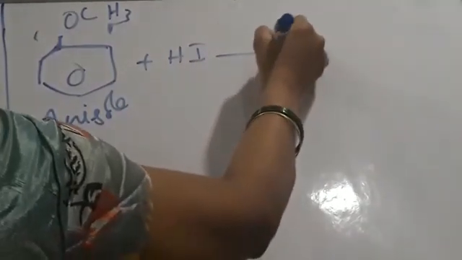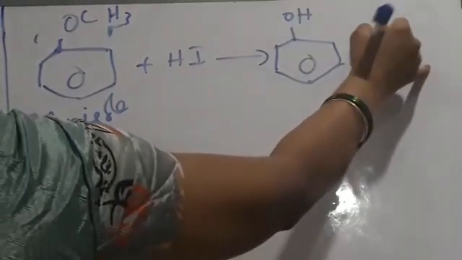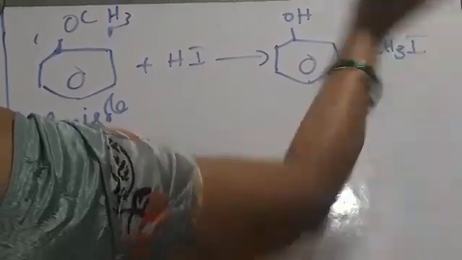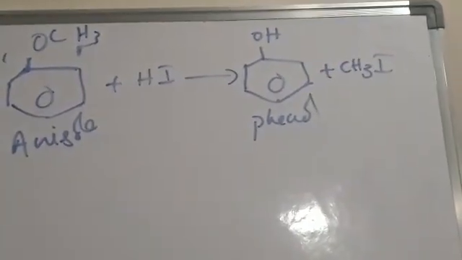Here also the iodide ion links with the carbon which has the more number of hydrogen atoms. So we get phenol along with methyl iodide. The alcohol formed here is phenol.